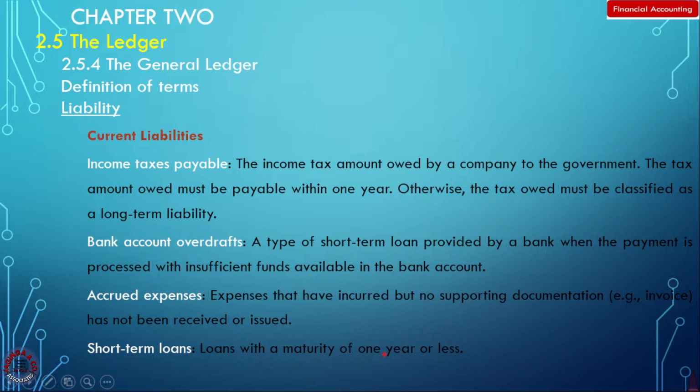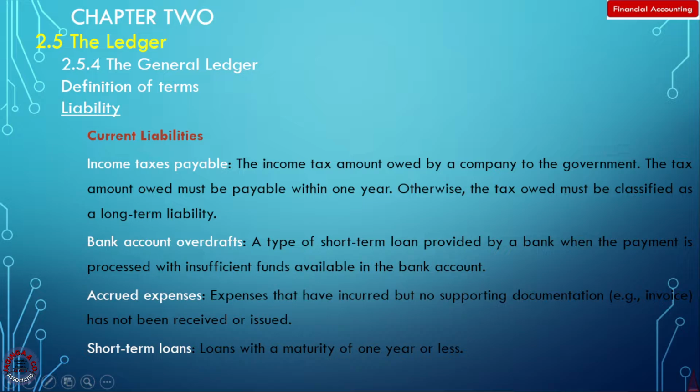When you take a loan from a bank or a financial institution, but you're supposed to pay that loan within 1 year or less, we call that loan a short-term loan. But when that loan is supposed to be paid over a period of more than 1 year, then it will be a long-term loan.